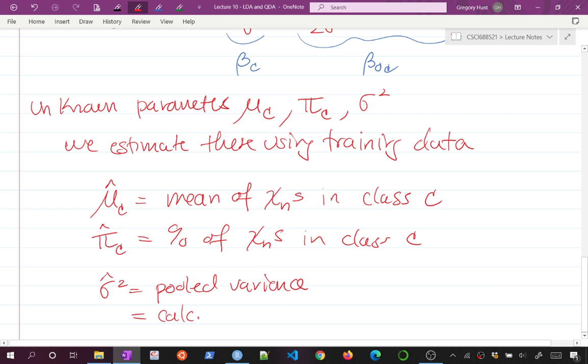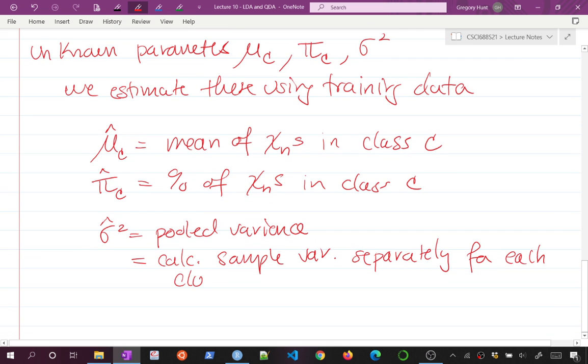Let's even say we use the sample variance. We calculate the sample variance separately for each class, and then take a weighted average of these things.